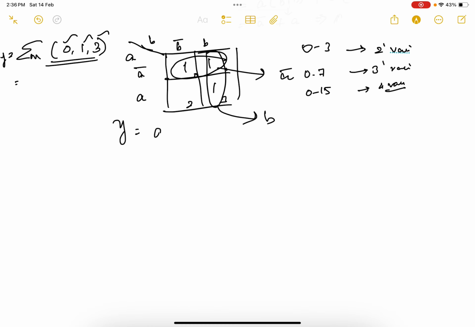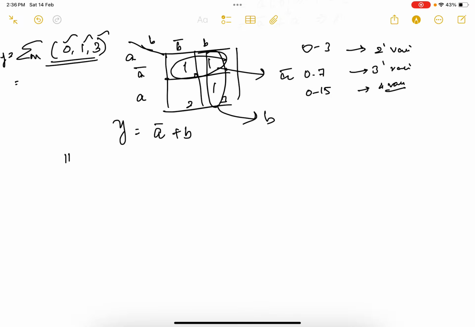So the final answer will be A dash plus B. So in this way we can do any type of problems with respect to the k-map using a two variable function. Okay, so this is based on your min term.